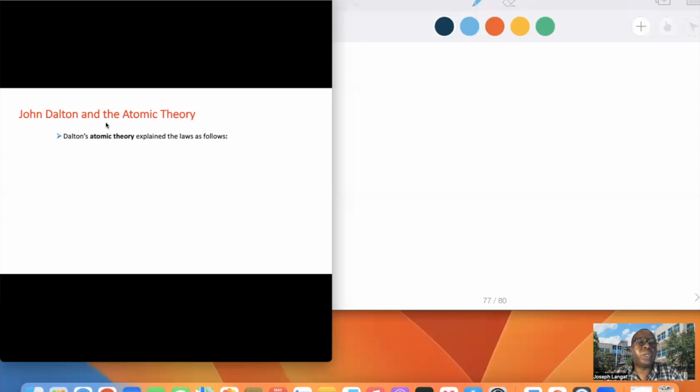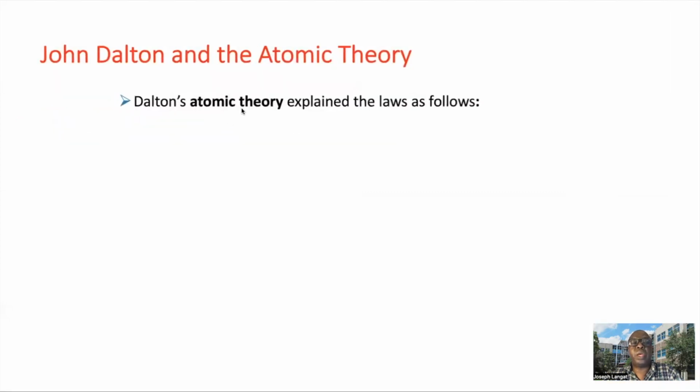Dalton's atomic theory is based on the three laws we discussed. You should know the three laws: the law of mass conservation, the law of definite composition or constant composition, and the law of multiple proportion. These are the three laws which John Dalton used to propose the atomic theory.